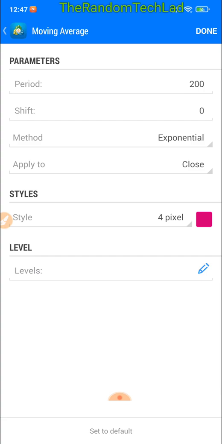Make sure you've got the same settings I have shown you over here. We are going to use the 200 period moving average, shift zero, exponential, and we are applying it to the close of the candles. You can choose any color you want. It doesn't matter, so long as you know that this is my 200 EMA.